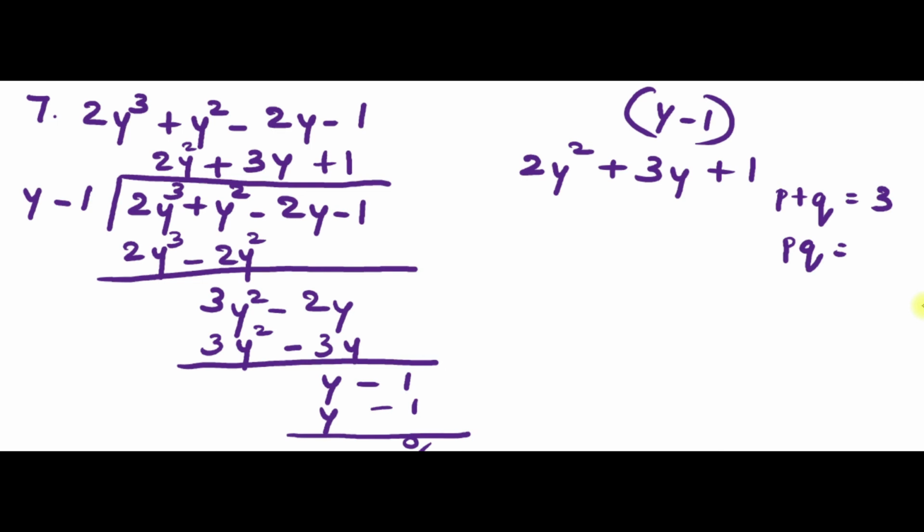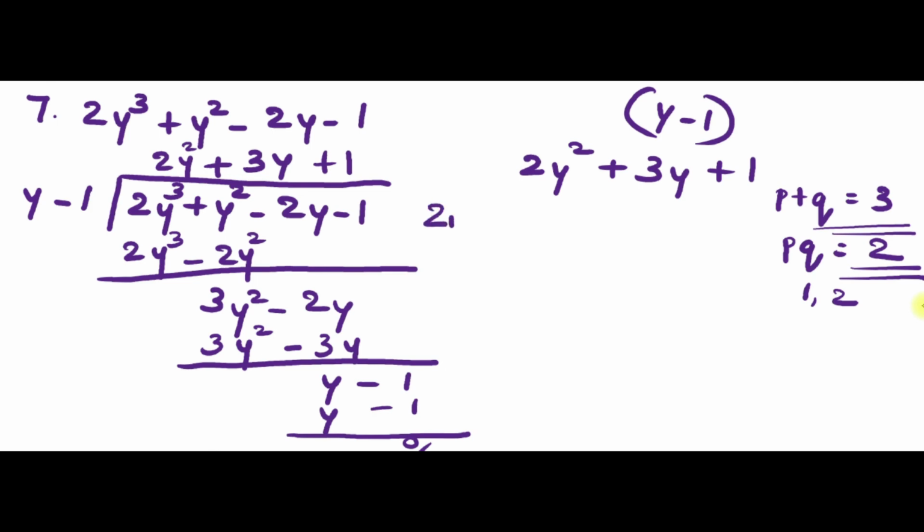So pq will be equal to 1 into 2, which is equal to 2. Then I have to find two numbers such that the sum is equal to 3 and the product is equal to 2. Directly I can go with 1 and 2. 2 plus 1 will give you 3 and 2 multiplied by 1 will give you 2.